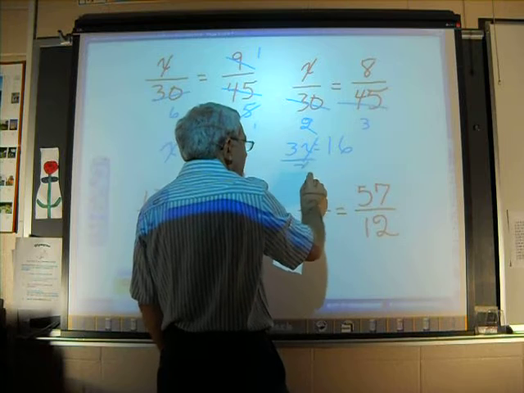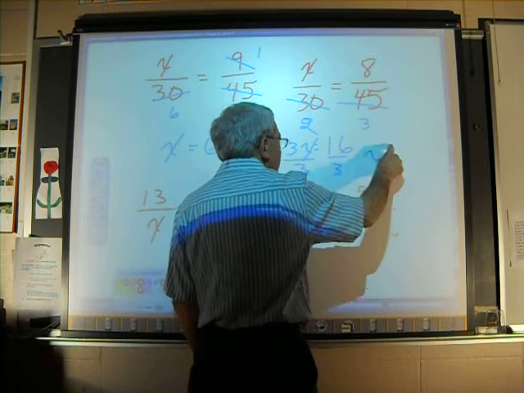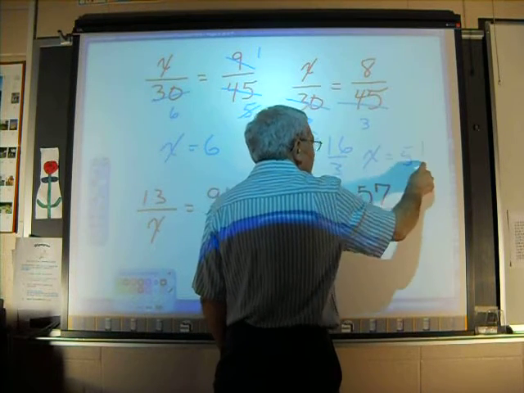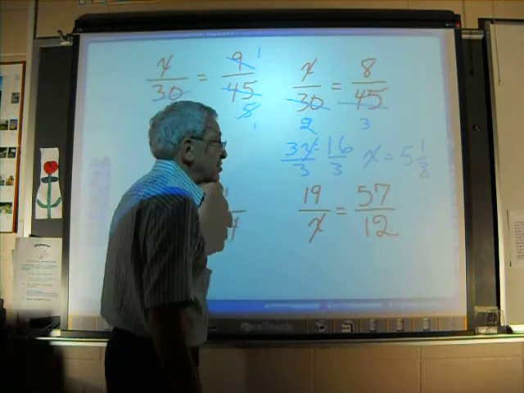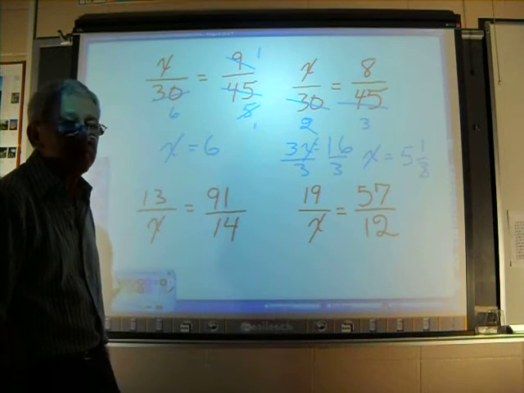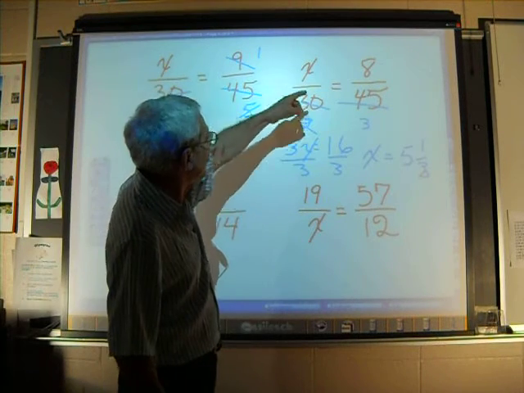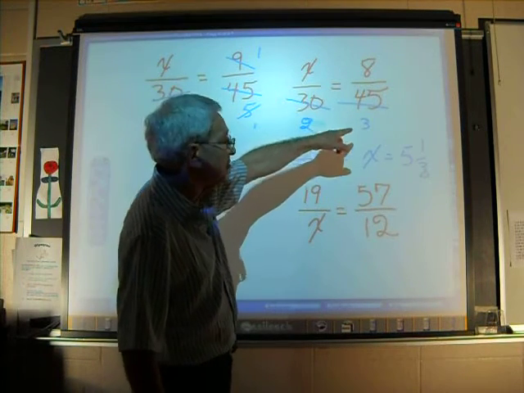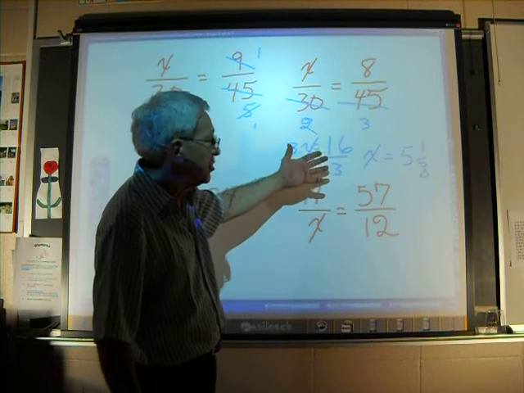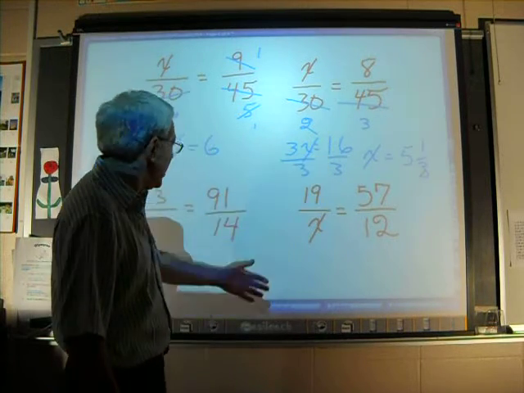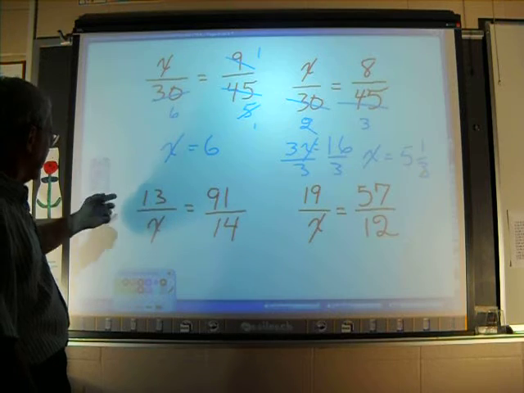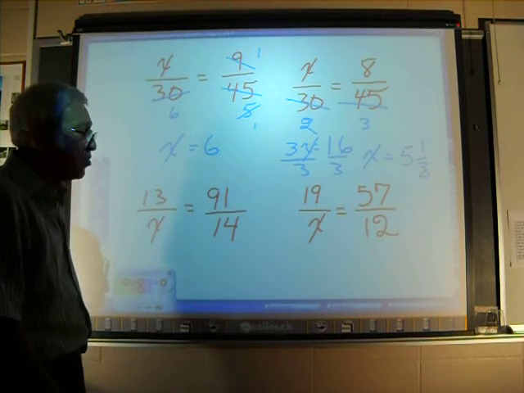Then I can divide each side by 3, and I get x is equal to 5 and 1/3, which is going to be far more complicated if you don't do it this way. If you just multiply 45x equals 240, it's going to be a lot more difficult for you to do the problem.